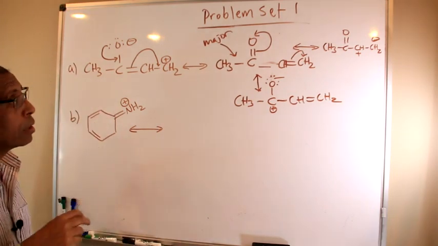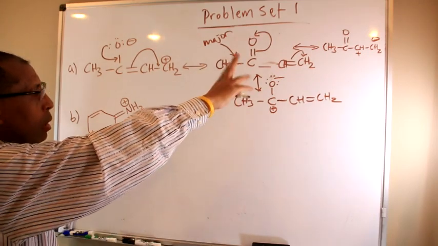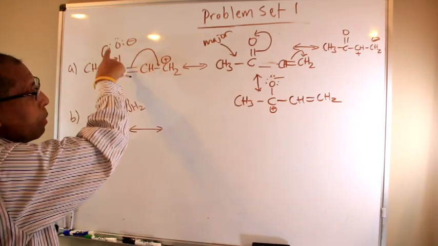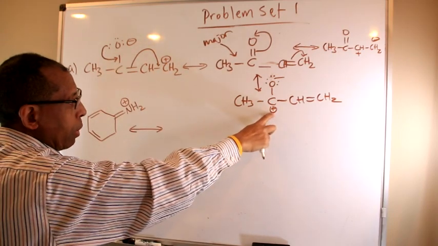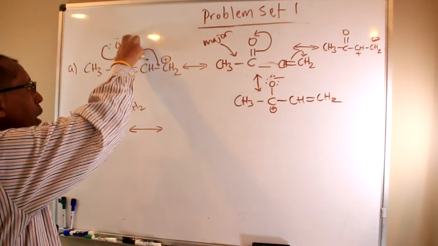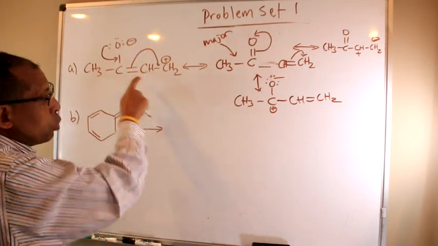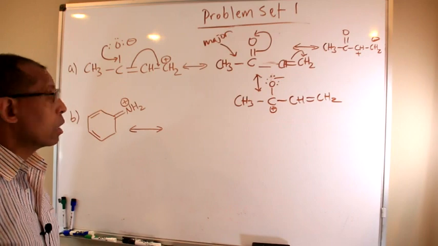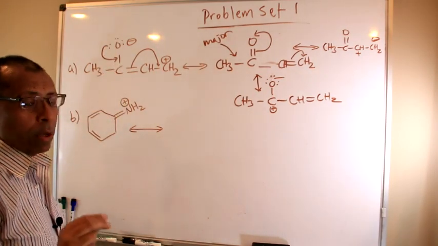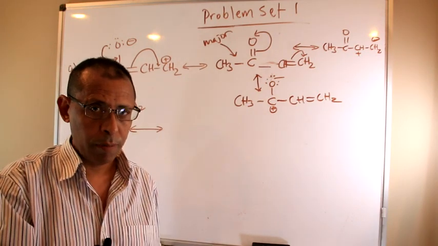Second, if you just look at this, a negative charge is on oxygen here. The charge is separated, even though there is a plus on carbon, oxygen is negatively charged. Comparing these two, remember this is an important concept. Having a negative charge on oxygen is a good thing because oxygen is more electronegative.